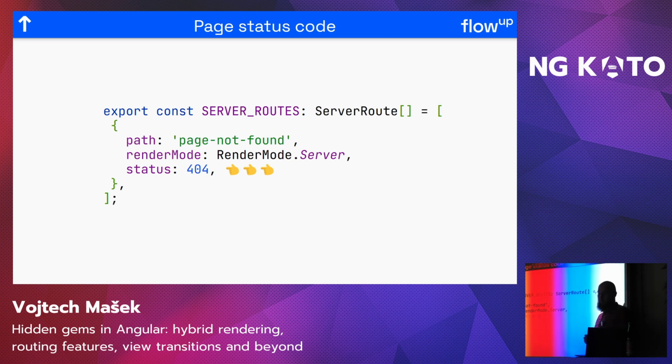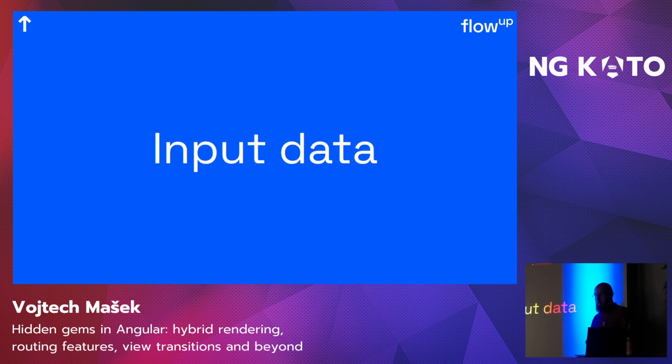Currently, you just generate the project with the server routes, and you can already do it. You could even decide that your page not found is never any different, so you would just pre-render, and it would work. The hosting should be able to work with it.